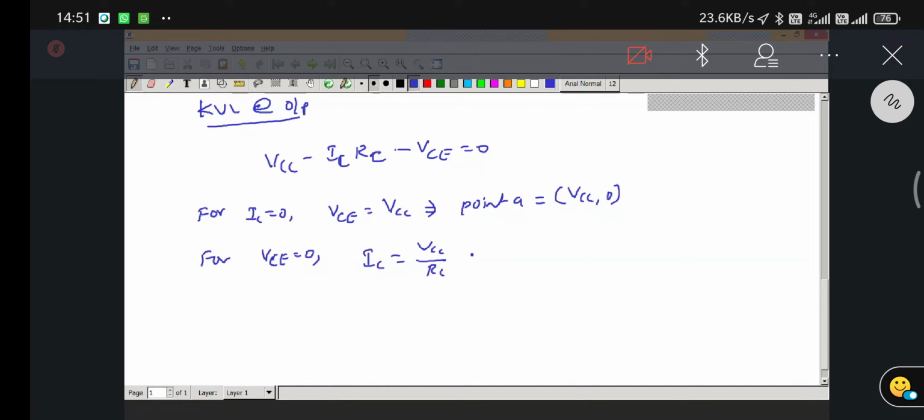From this we can take that point B. At point B, the x coordinate is 0, and the y coordinate is VCC by RC.